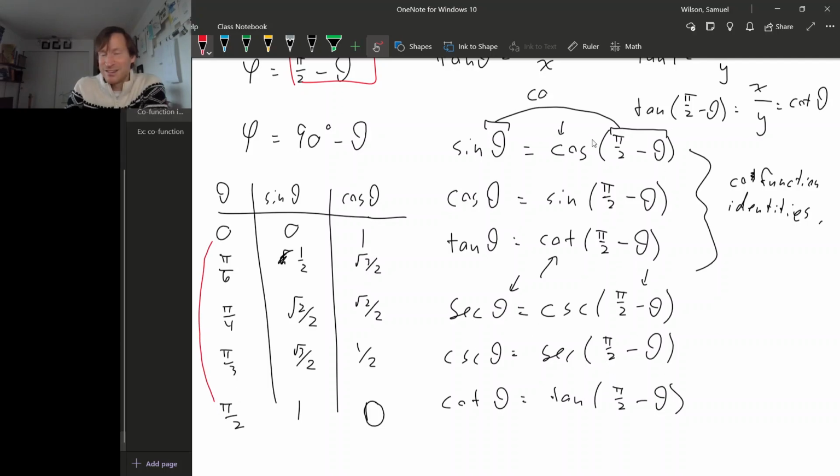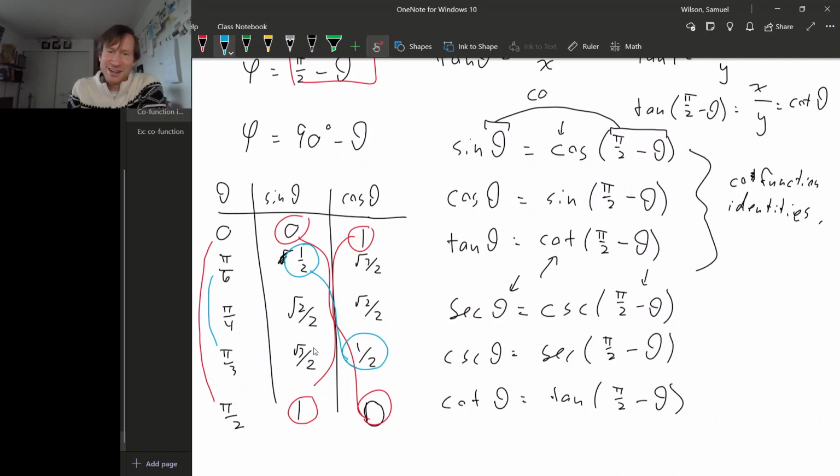And so these cofunction identities say that what's down here for sine should be up here for cosine, and sure enough it is. And what's up here for sine should be down there for cosine, and sure enough it is. Also, pi over 6 and pi over 3 are complementary, so what's here for sine of pi over 6 should be the same as cosine of pi over 3, and yes, it is.